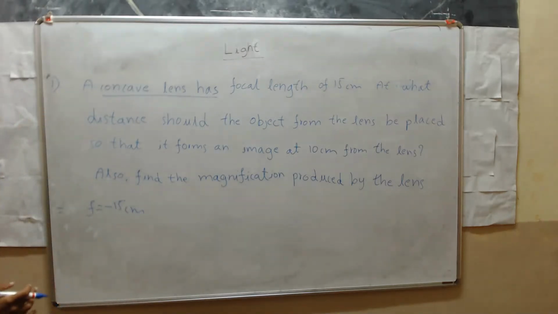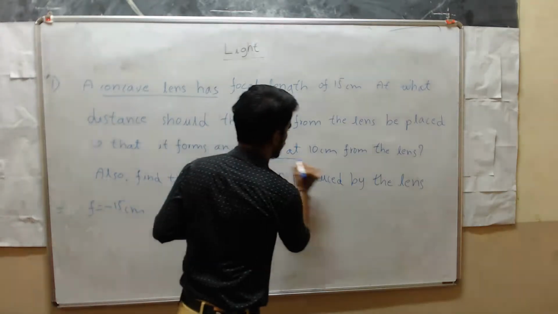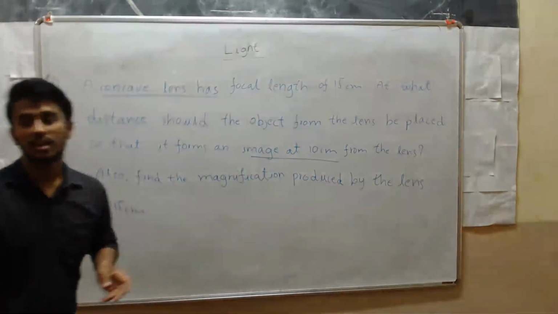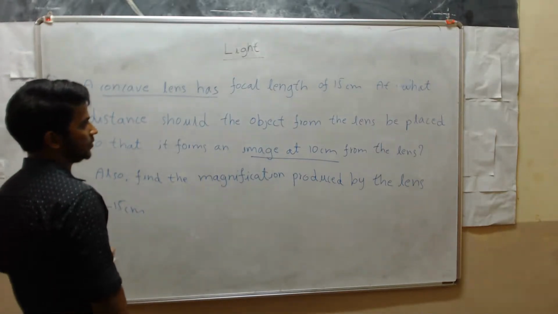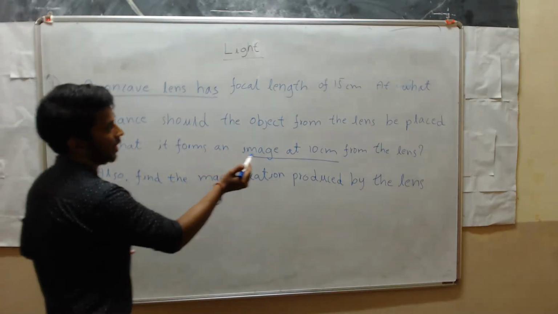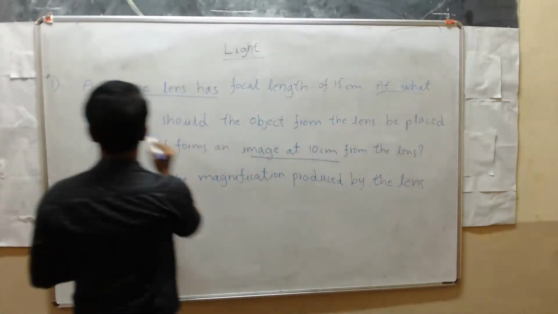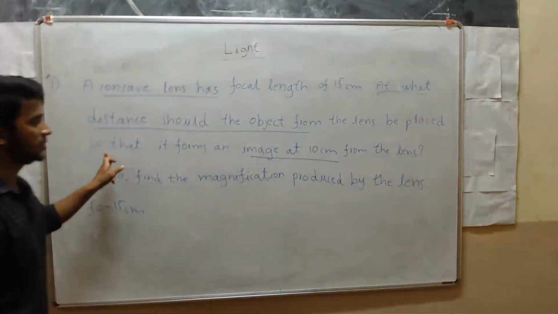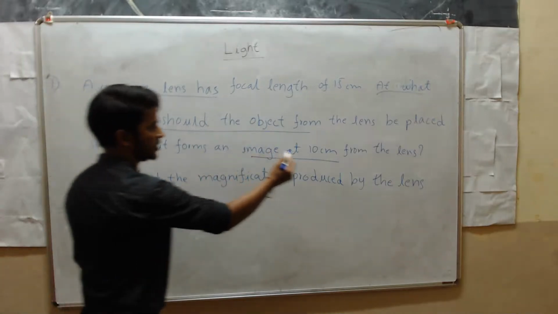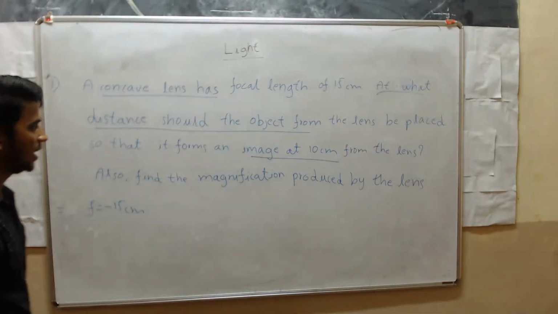Next, at what distance should the object from the lens be placed so that it forms an image at 10 centimeter from the lens.